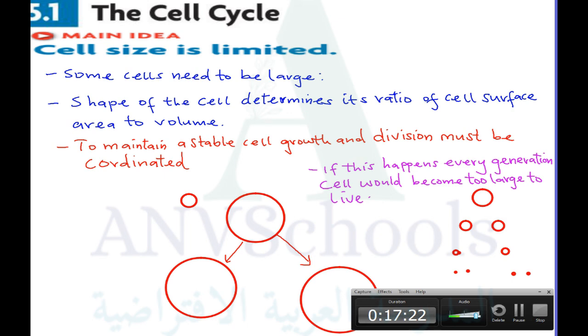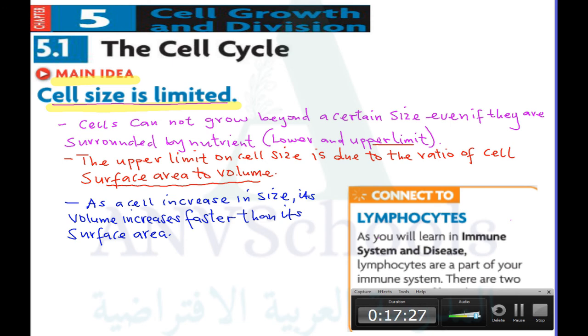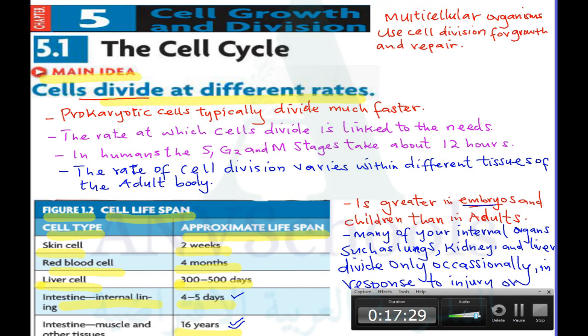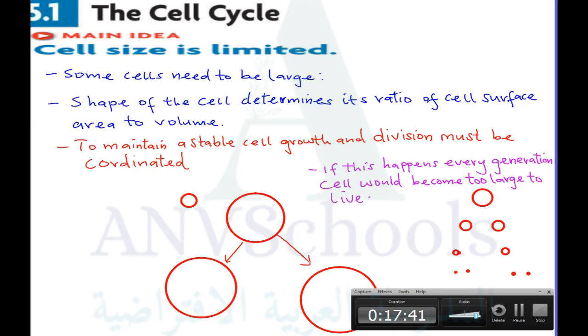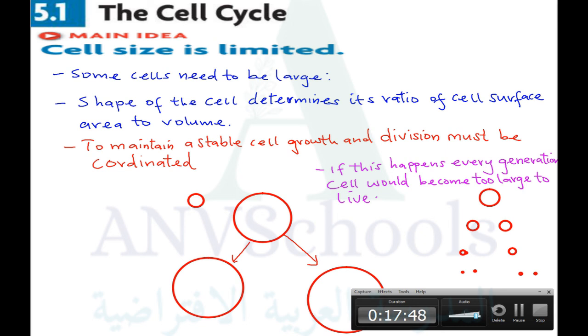If we go back to the picture that we had here, the one with larger surface area would be the small one.